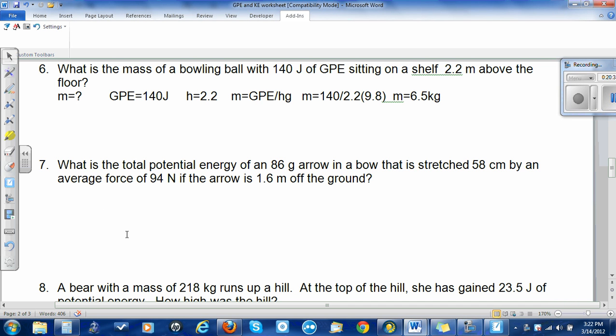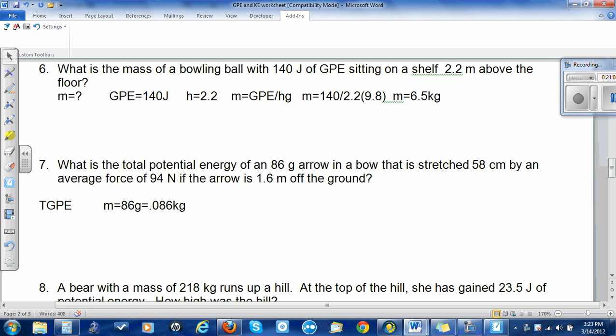Let's see, where are we at here? We're going to solve for total GPE. Okay, total GPE, so that we have an M equal to 86 grams, which would equal 0.086 kilograms.